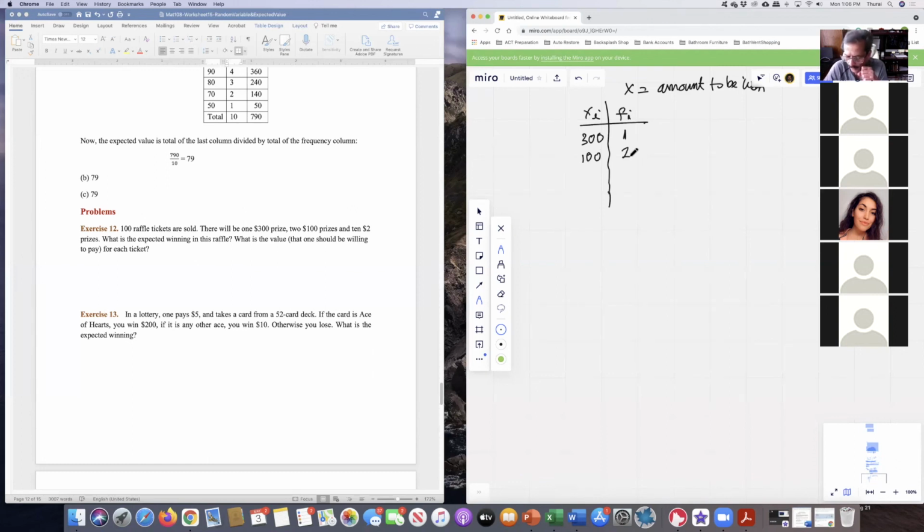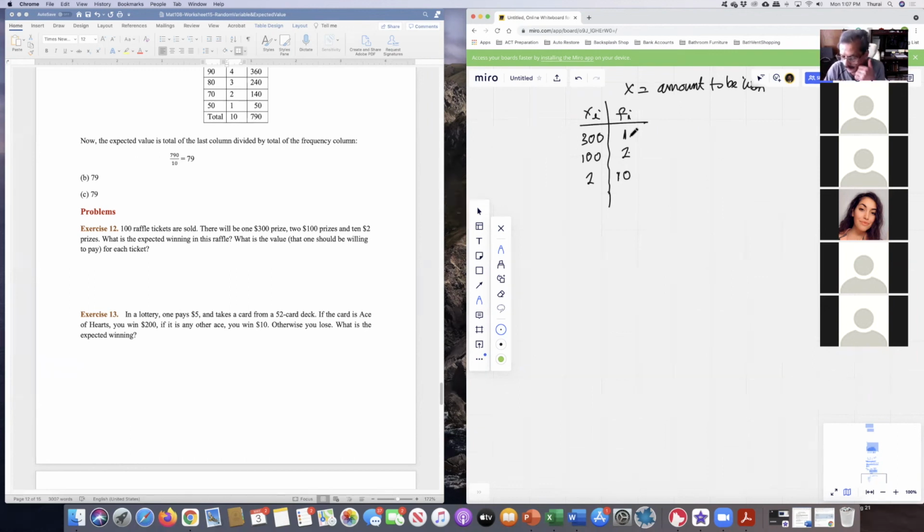And $2 prize has 10. Now commonly students stop here and start doing the calculation. You have to be careful. How many have been accounted for? There are only 13 tickets accounted for, 10 plus 2 plus 1, but 100 tickets were sold. So we have to account for the remaining ones.